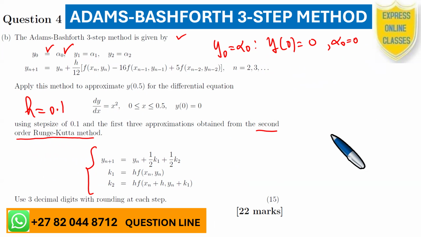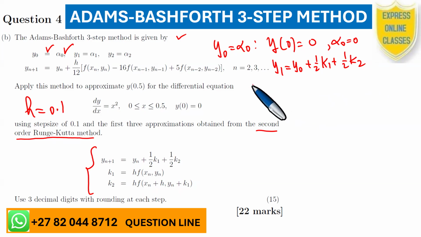Okay, we continue. Using the second order Runge-Kutta method in the Adams-Bashforth three-step method, we're going to compute y1. According to this, when n is 0, y1 is going to be y0 plus half k1 plus half k2.